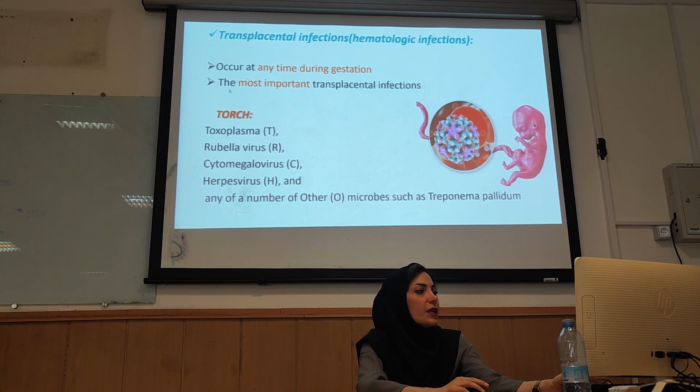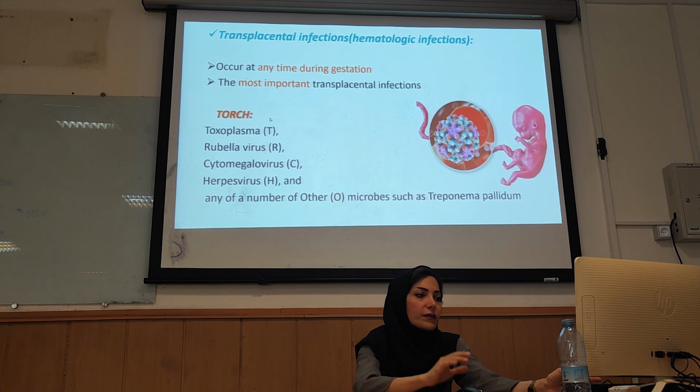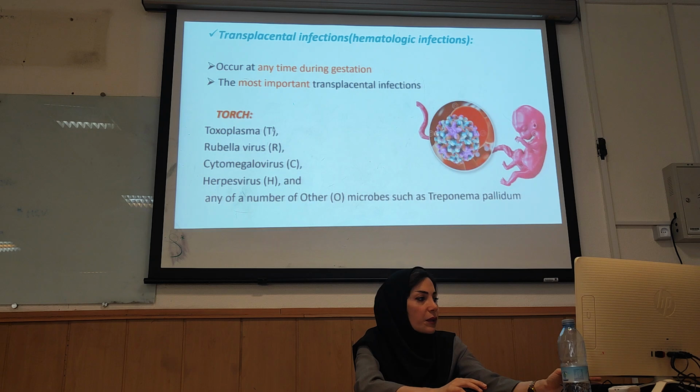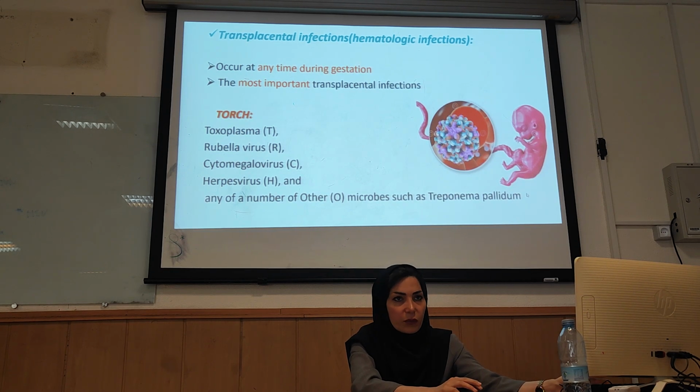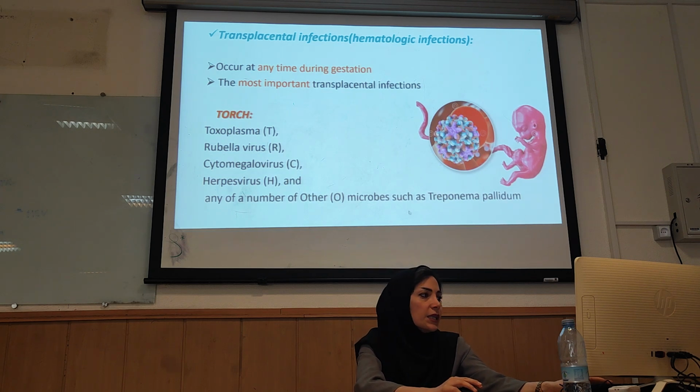The most important transplacental infections are those that I mentioned before: Toxoplasma, rubella virus, cytomegalovirus, and herpes virus, and others such as Rhinovirus. These infections may occur at any time during gestation.